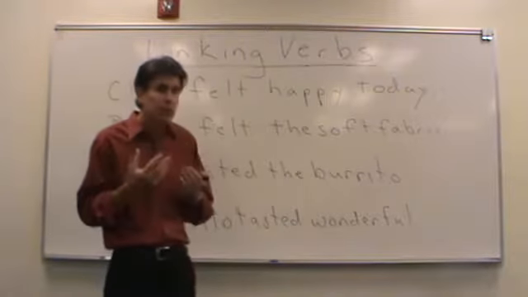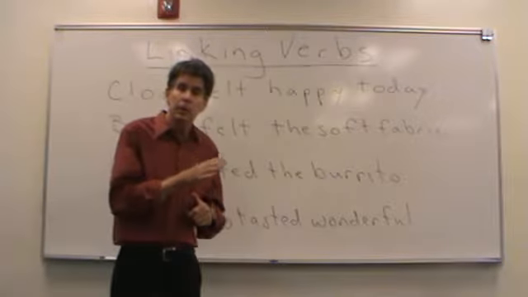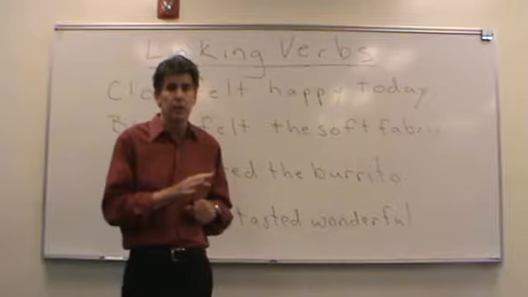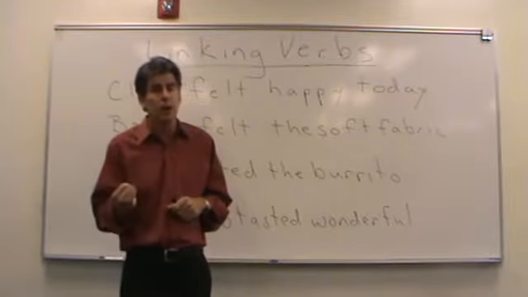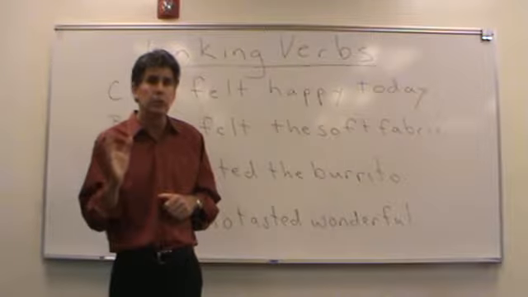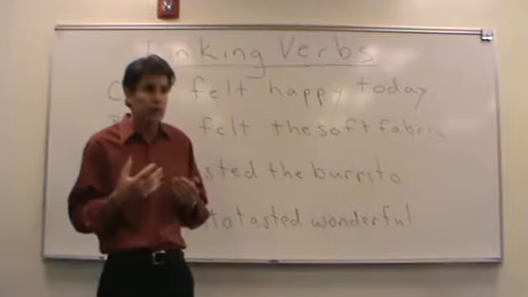Okay? The way you tell the difference is if that A equals B logic works. If it does, you have a linking verb. If it does not, you have an action verb. And when you use it as an action verb, it should be something you do. So you have to take a look at it.